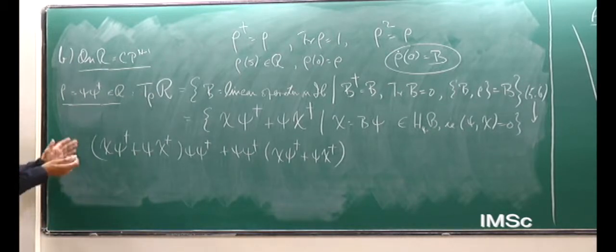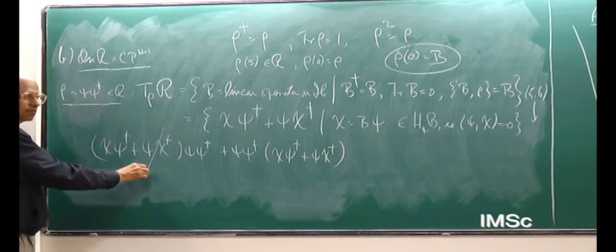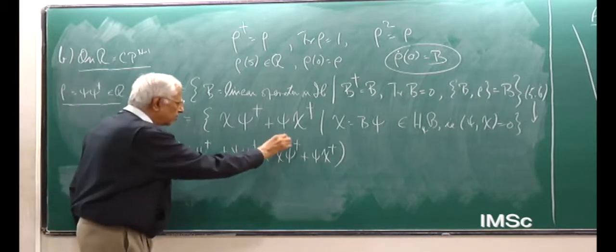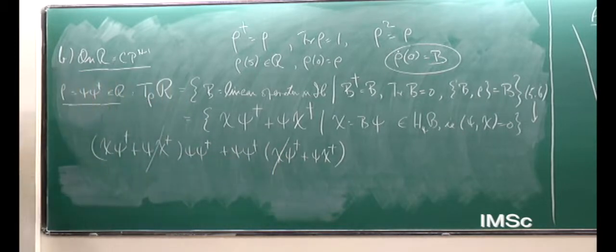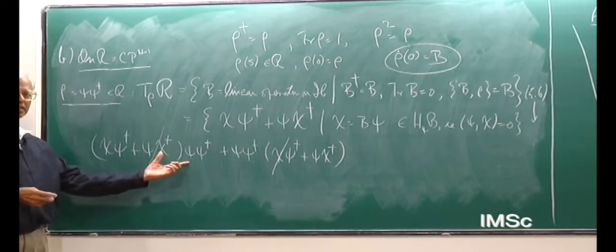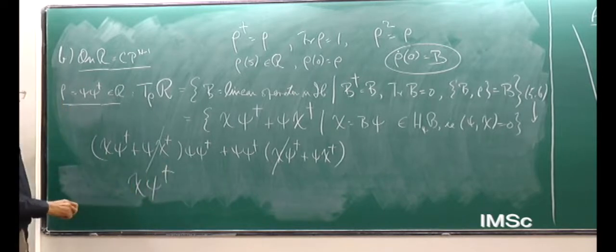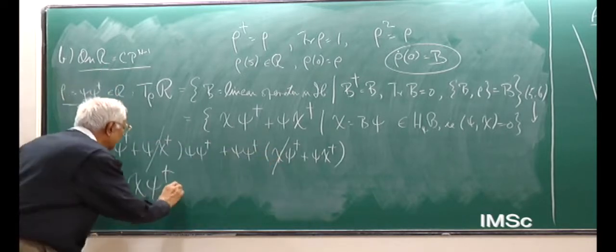Now, see how many things just disappear. This is 0 because chi and psi are orthogonal. This is 0 because psi and chi are orthogonal. What about this fellow? Psi is a unit vector. So what is this one? Chi psi adjoint. And what is left here?